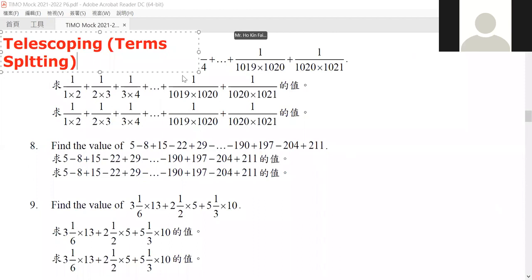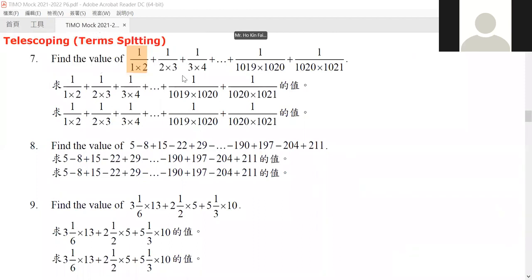For example, for our first term, 1 over 1 times 2, we can split this term into two parts. It's 1 over 1 minus 1 over 2. For our second term, this can be split into 1 over 2 minus 1 over 3, and so on and so forth. Our third term would be equal to 1 over 3 minus 1 over 4.